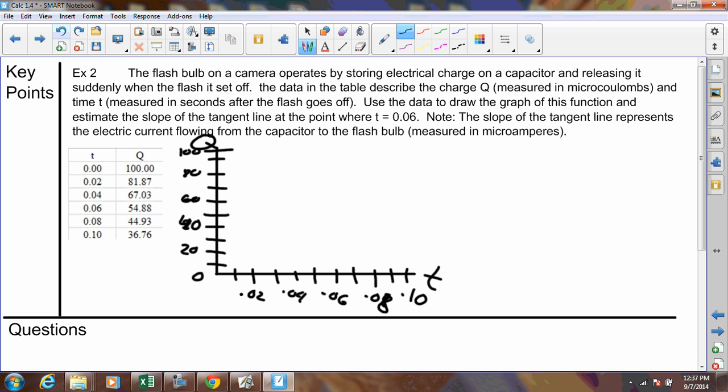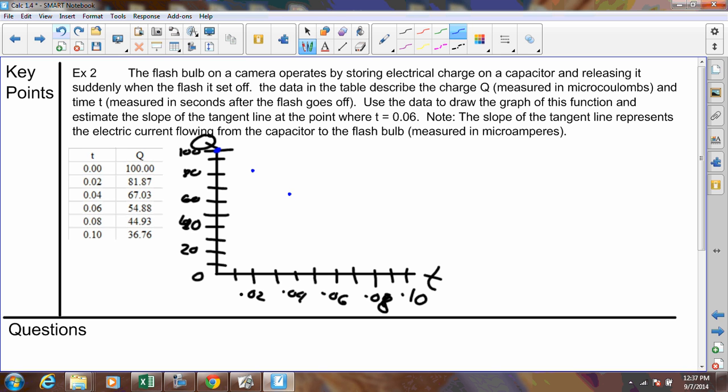Use the data to draw the graph of this function and estimate the slope of the tangent line at the point where t equals 0.06. Okay, so we have to plot the points. T of 0 corresponds to 100. T of 0.02 is about 82. 0.04 is 67, so we'll go up to 60, a little bit above.